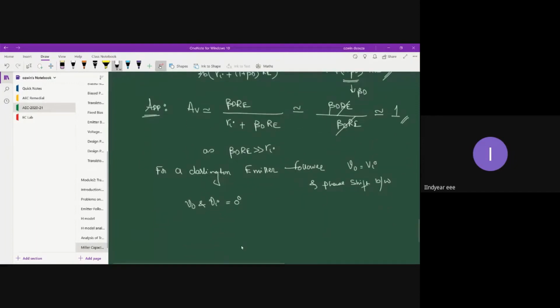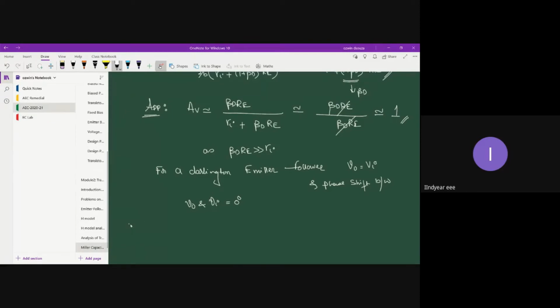So it doesn't amplify the signal, and it doesn't even change the phase value of the signal. It simply transfers a signal from one port to the other without any amplification. Okay, fine. So that's your voltage gain.